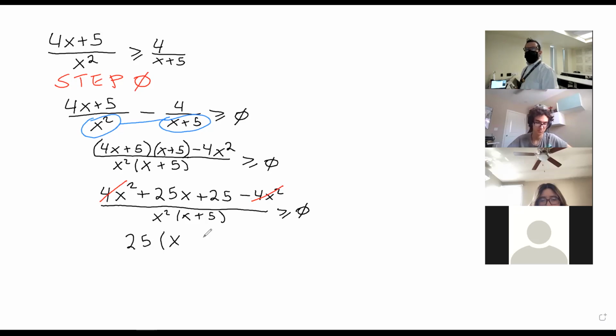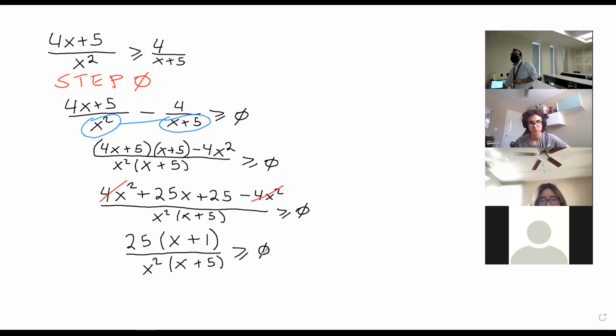So it's going to be 25 times x plus 1, divided by x squared times x plus 5, larger than or equal to 0. Okay. Are we okay up to that point, Andres?